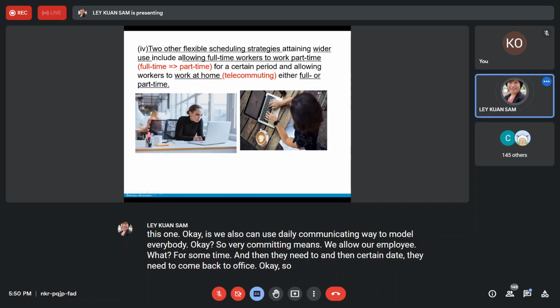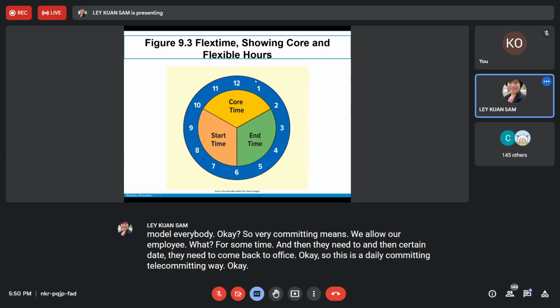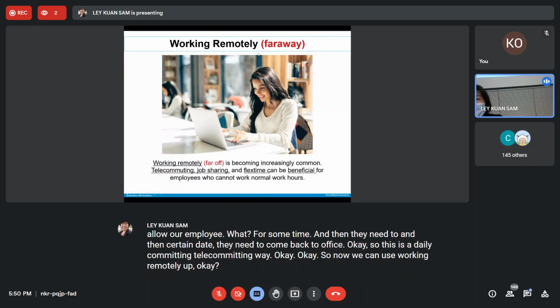So this is the daily commuting way. Now we can also use working remotely, meaning we allow our employees to work at home, work from home.